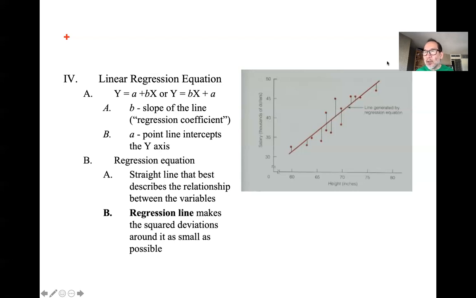So this line has this distance, that distance, a little longer distance here, here. But if you sum that up, this line would result in the smallest total, as opposed to if a line went that way or a line went that way. It's the one that's closest to all the dots on the graph.